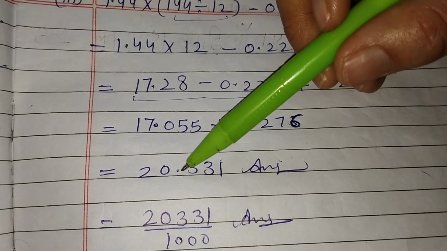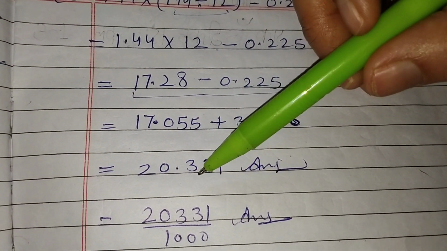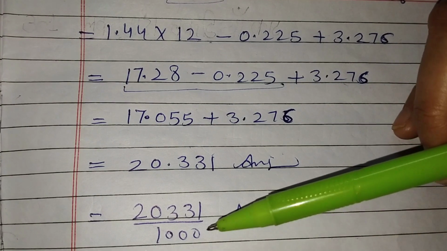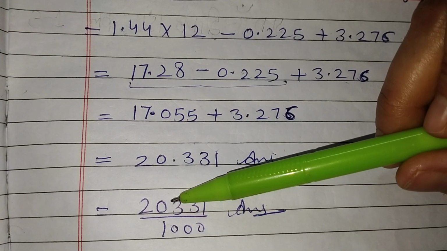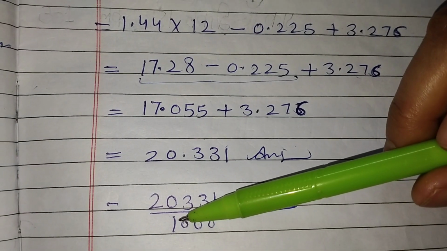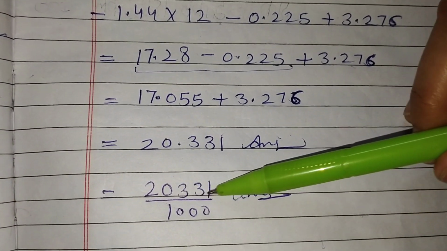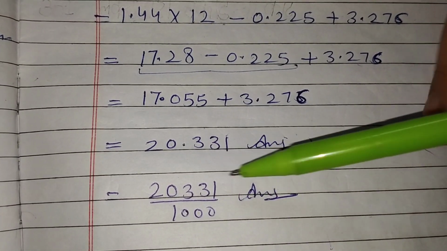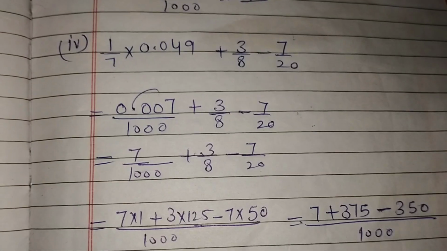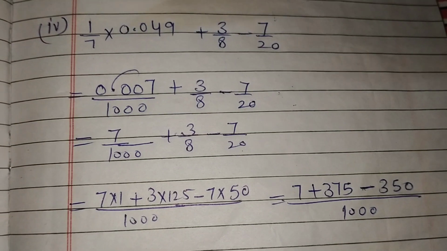That's why we are going to remove the decimal and write it as a rational number. In place of this decimal we are going to write 1, and as there are 3 digits after the decimal, we will write 3 zeros. This is the answer.